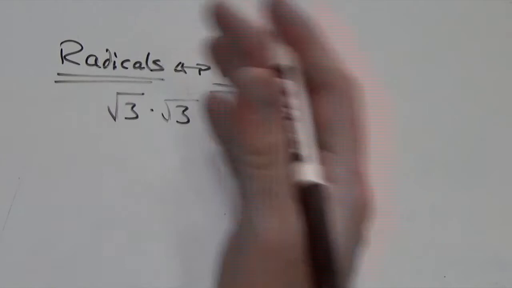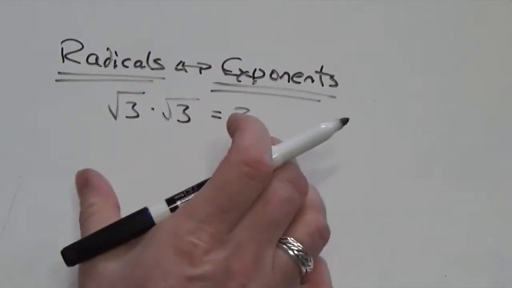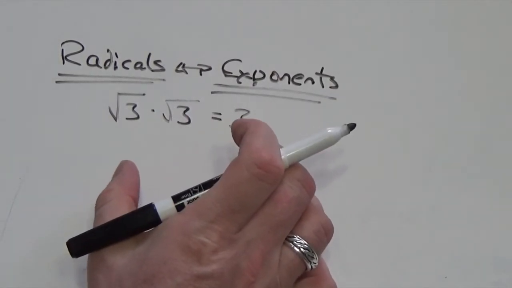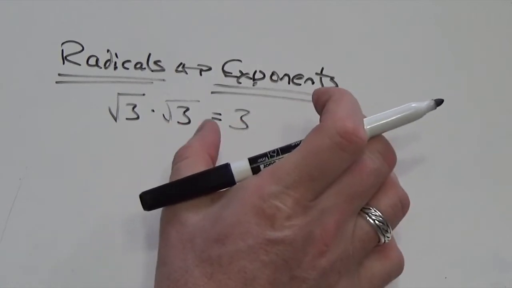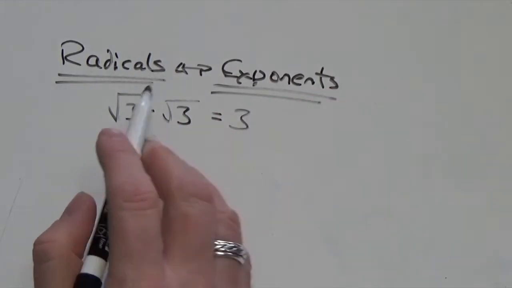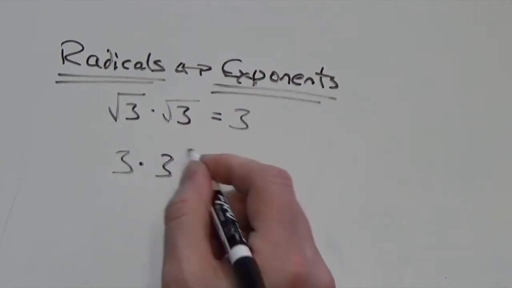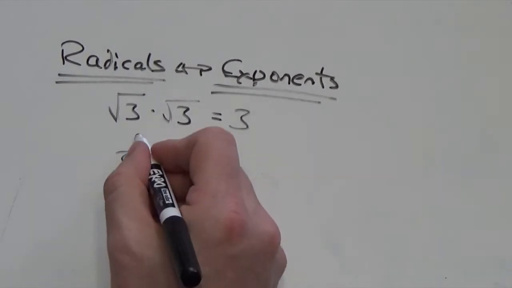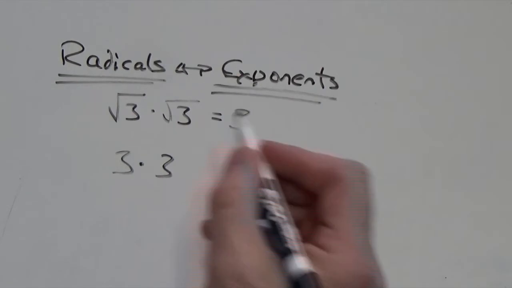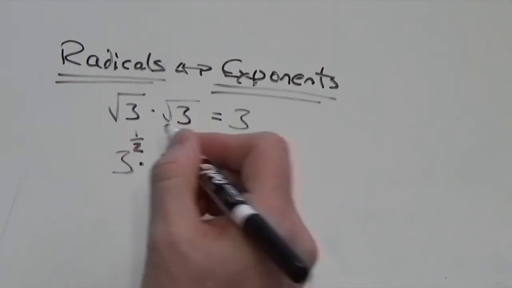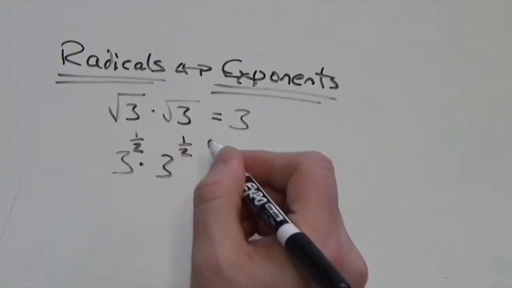Now, just picking this up here, I know that when I multiply powers together with their bases the same, I add the exponents. So I notice something rather interesting: if I multiply two powers of 3 together, let's just say in this instance I've got 3 to the 1/2 multiplied by 3 to the 1/2.